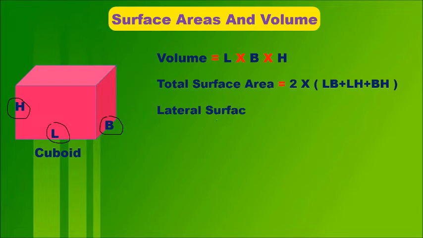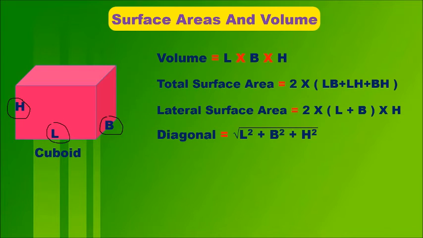Lateral surface area or area of four walls is equal to 2 into (length plus breadth) multiplied by height. The diagonal of cuboid is equal to under root L square plus B square plus H square.